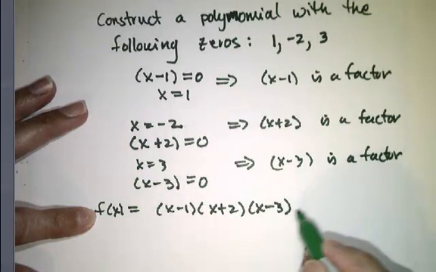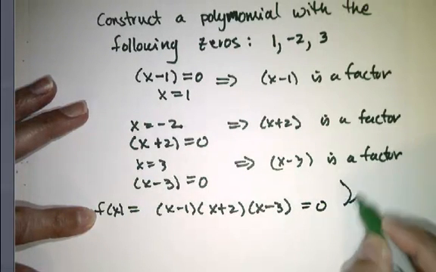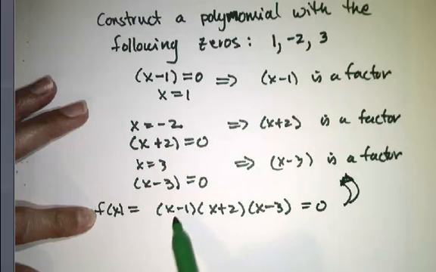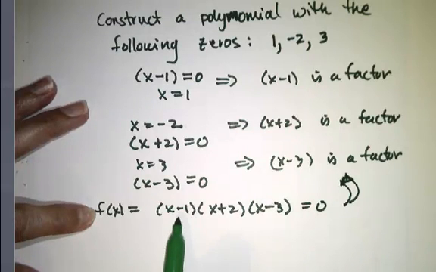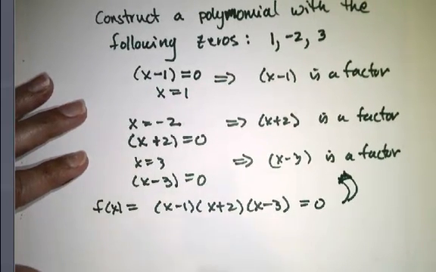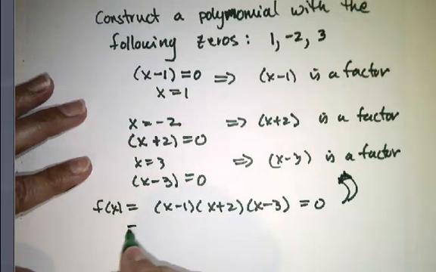So if I were to set this equal to 0, I could go back in that direction, right? I'd set each factor to 0, and I would discover 1 is a 0, -2 is a 0, and 3 is a 0. We usually don't leave it in this form, so we can expand it by multiplying.